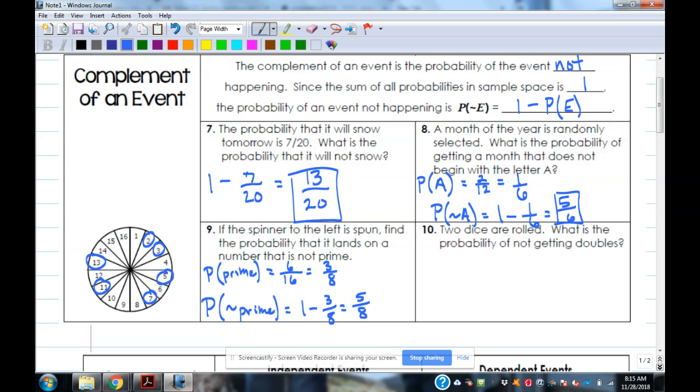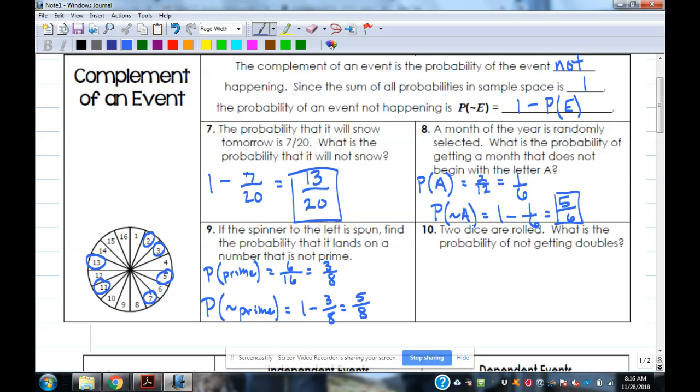Or I could get 3 1, 3 2, 3 3, 3 4, 3 5, or 3 6, 4 1, 4 2, 4 3, 4 4, 4 5, 4 6.